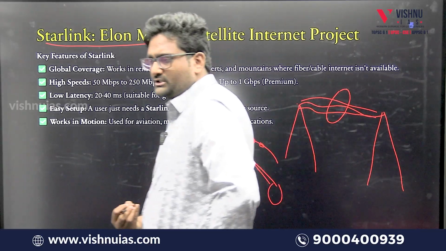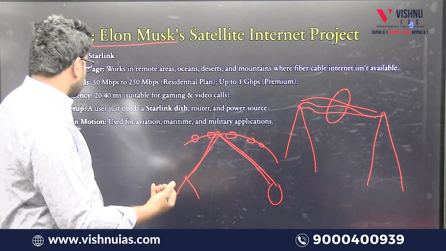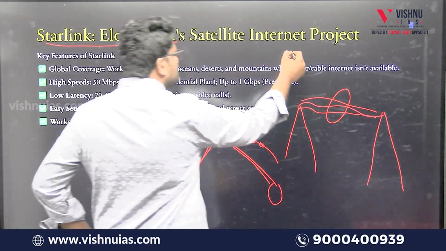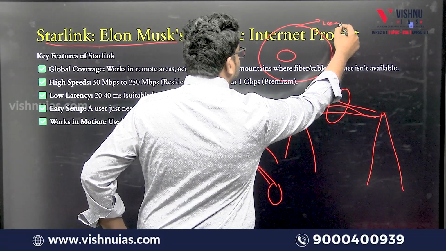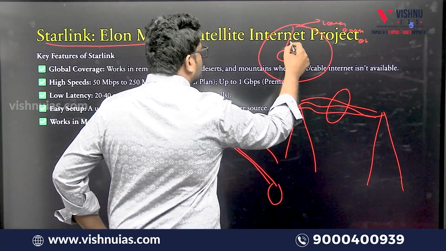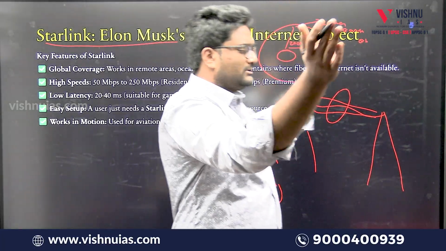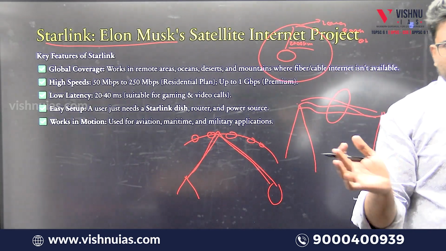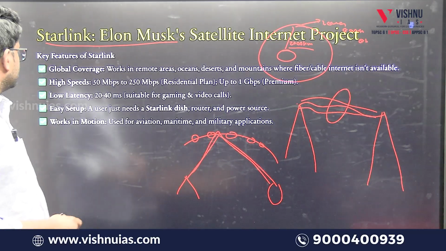Elon Musk's Starlink places its satellites in low Earth orbit. Low Earth orbit means a maximum of around 2000 kilometers. He placed thousands of satellites in low Earth orbit, and these satellites help in satellite communication.